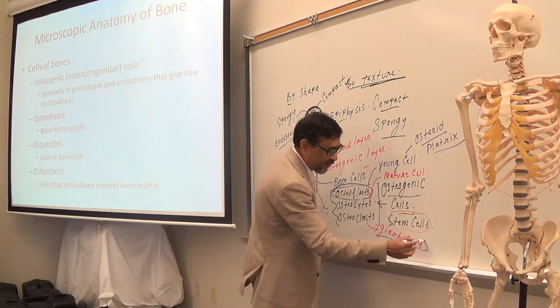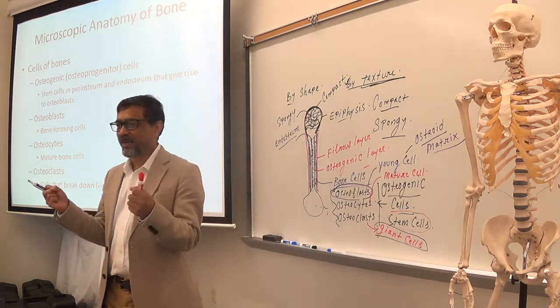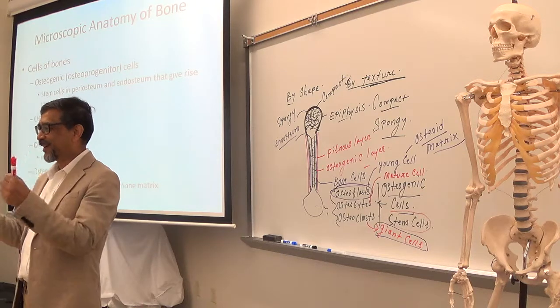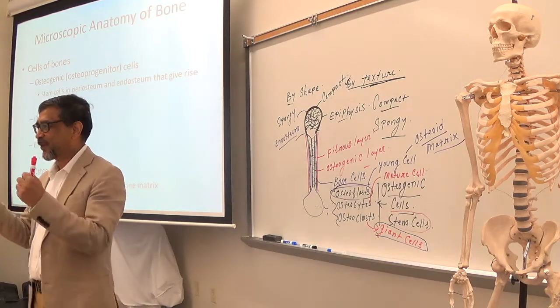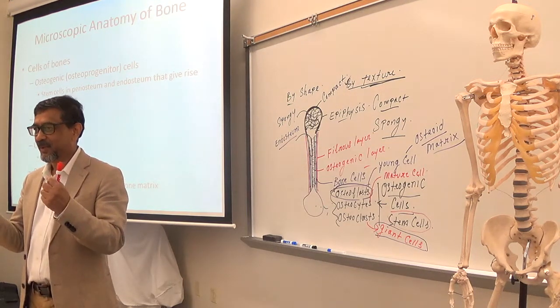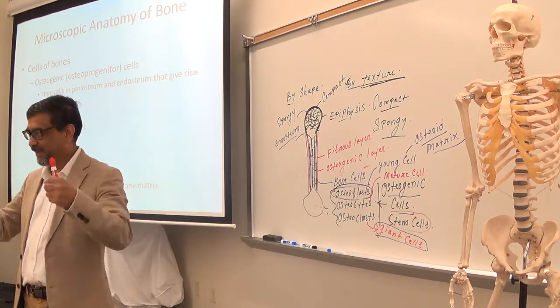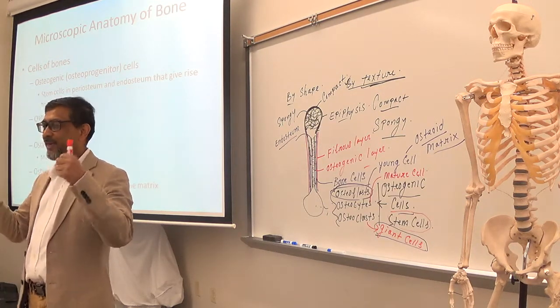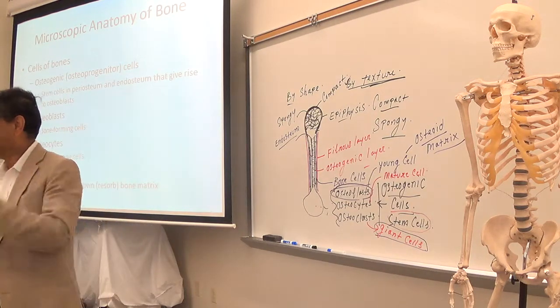Osteoclasts are giant cells. They have many mitochondria inside. Mitochondria are called what? Powerhouse, right? So they have many powerhouses inside. Many nuclei, control centers inside. So they are very powerful. Make sense? Osteoclasts, big and what? Mighty. Big and what? Mighty. They love to destroy, okay?